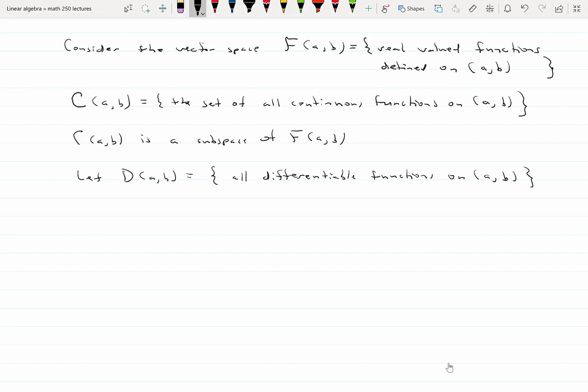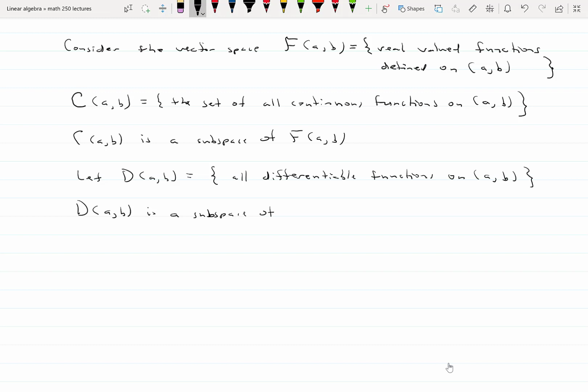A differentiable function is a function that has a derivative at every single point in its domain, has a tangent line at every single point in its open interval domain. Okay.